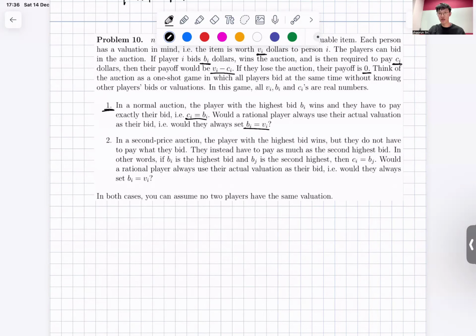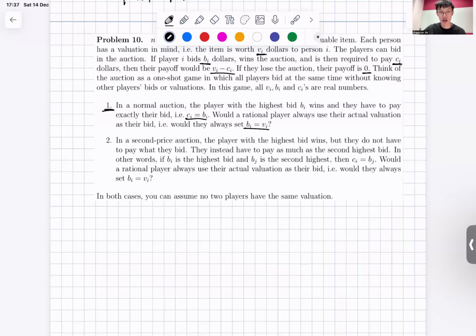If bidder i increases his bid and is still not the highest bidder, he does not have to pay anything, so his payoff is zero. But if by increasing his bid he becomes the highest bidder, he has to pay the second highest bidder's bid.